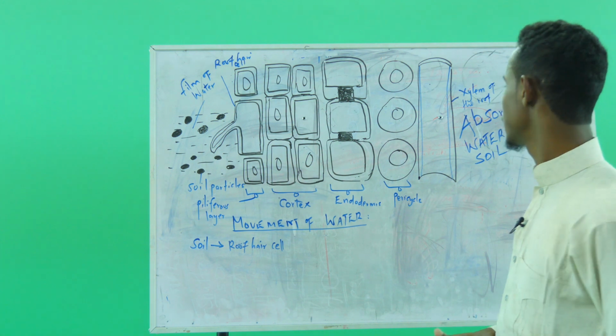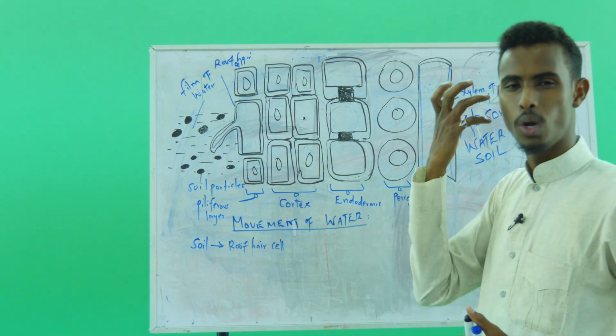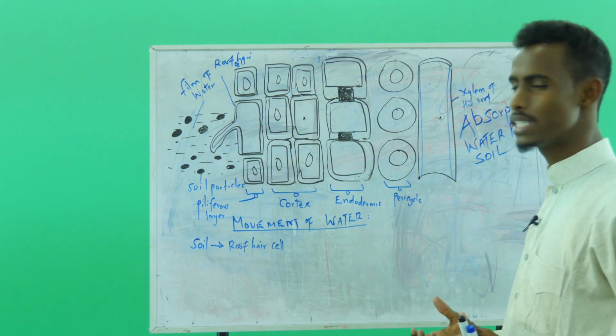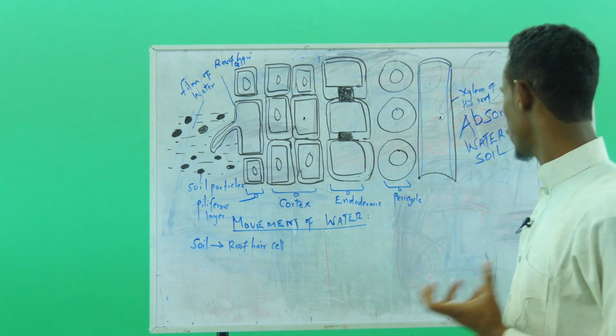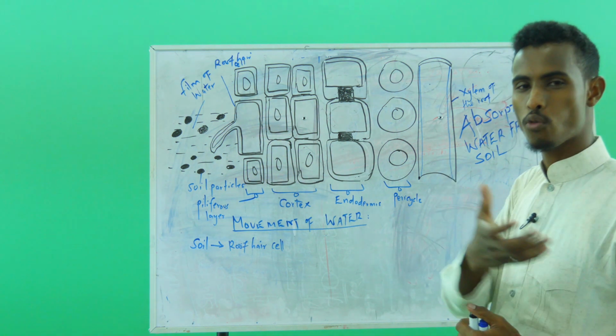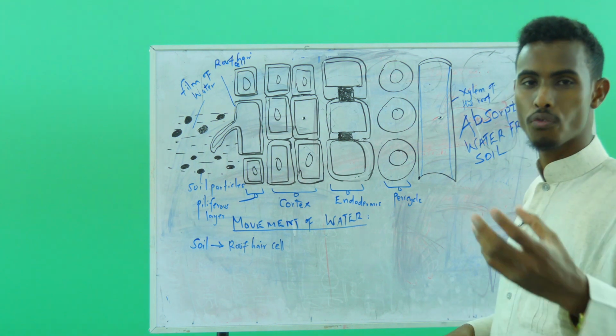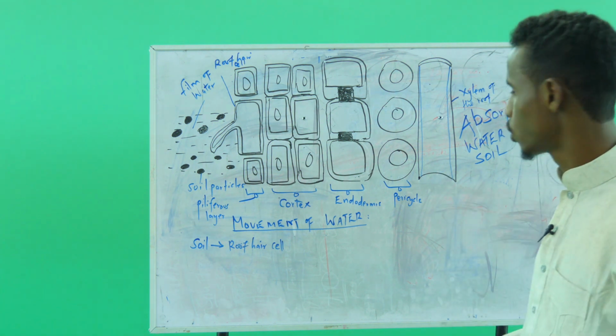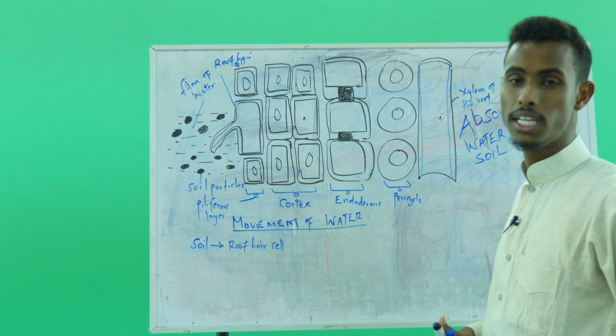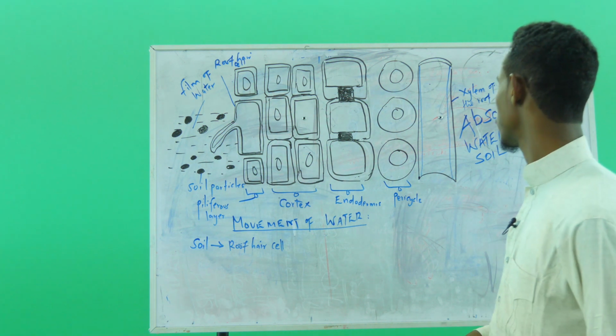Another force we have is the transpiration pull. The transpiration pull is the suction force that draws a stream of water from the xylem of the roots and stem and takes it to the leaf, and from the leaf to the atmosphere.